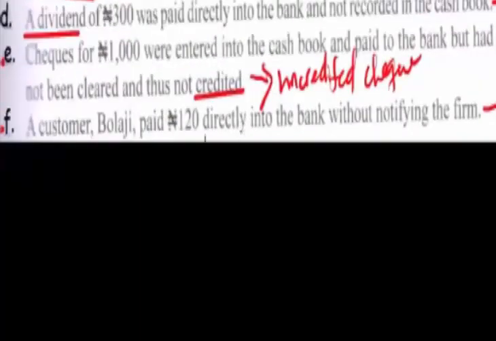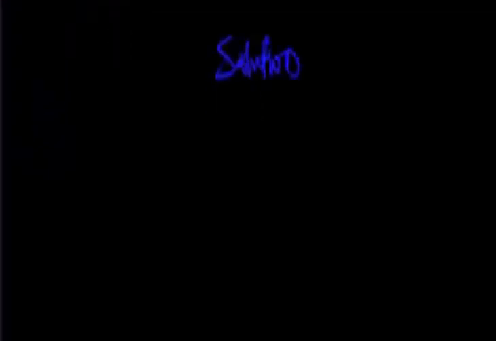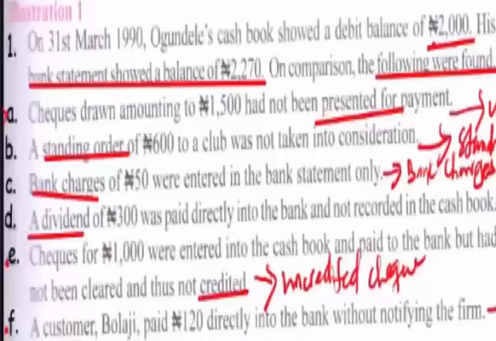Let's work together. Solution. As I said earlier on, whenever we are asked to prepare any statement, we should start with the title of that statement. For a bank reconciliation statement, it has its own title, which is Bank Reconciliation Statement as at 31st March 1990.